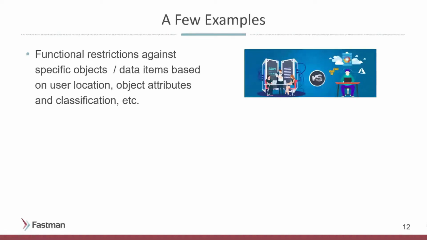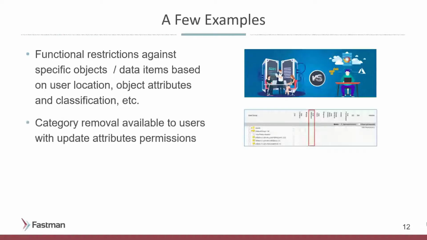But essentially it says you can apply a classification or an attribute to those items, and the functional restrictions will kick in. An example of where we find people needing this type of capability is that if you have update attributes permissions in Content Suite, with the permissions model, you're able to remove a category.